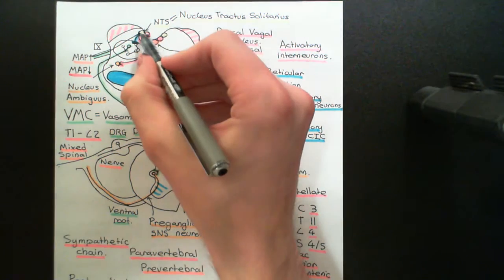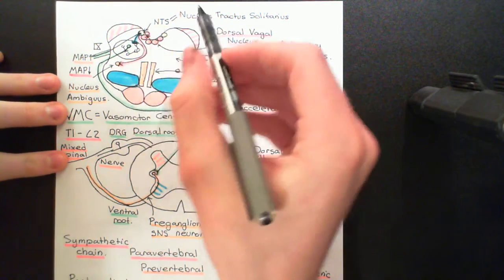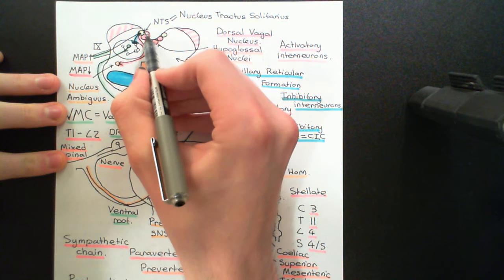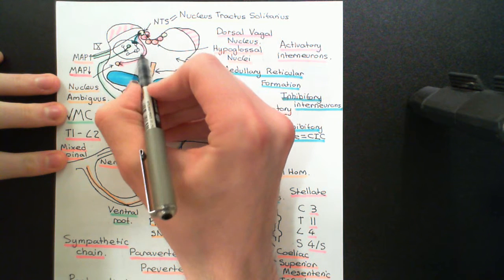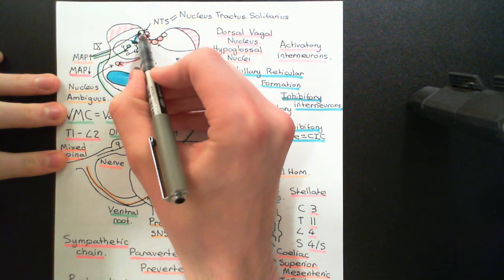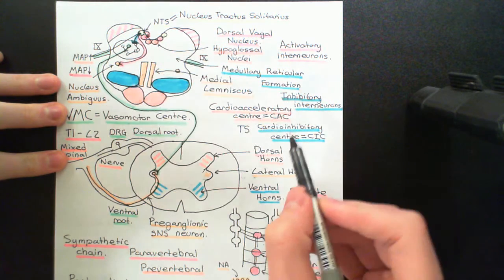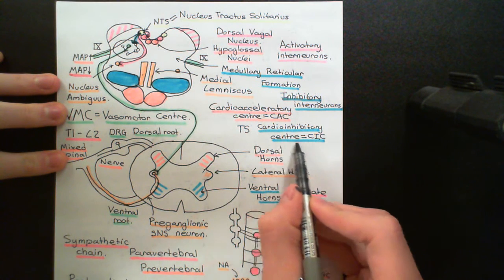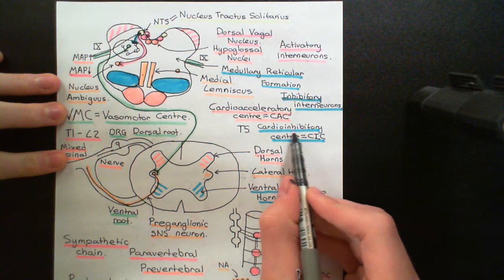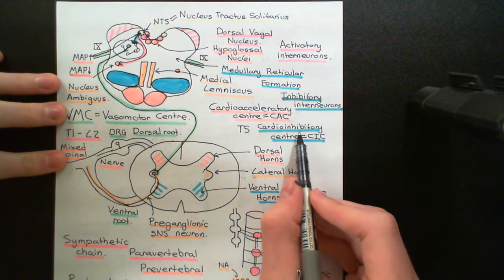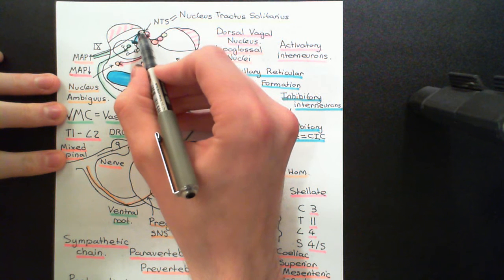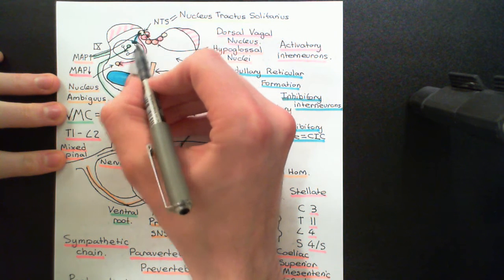That means that the stimulation of these excitatory or activating interneurons is going to fall below what it would normally be, which means that the activation of the Cardioinhibitory Center that would be normal, that would be there all the time at normal mean arterial pressure, is going to go down.